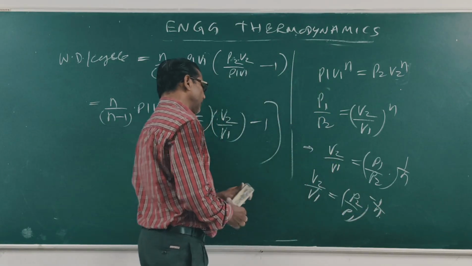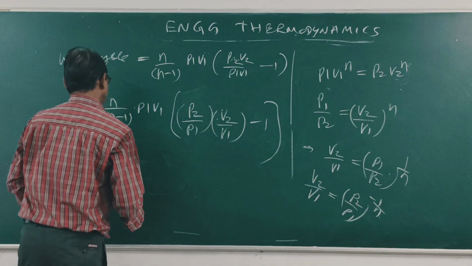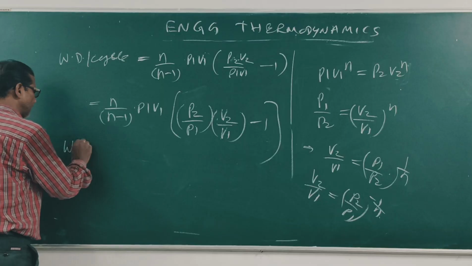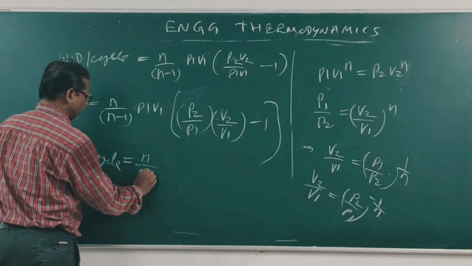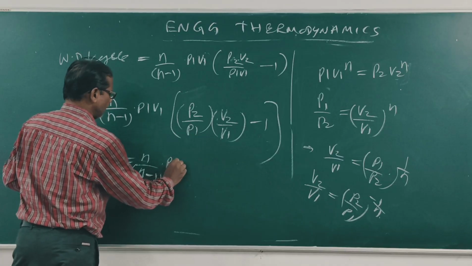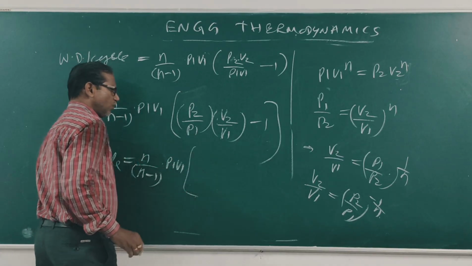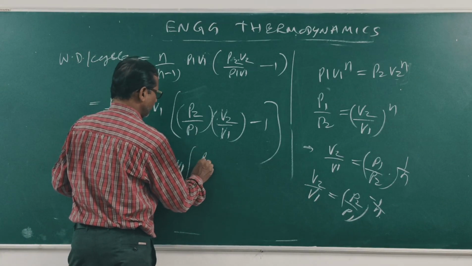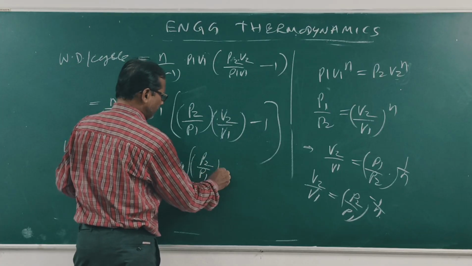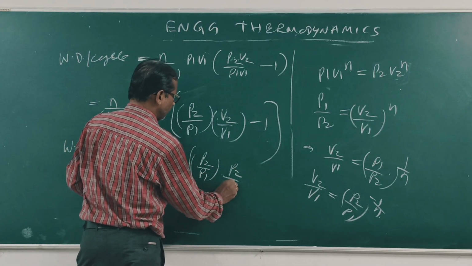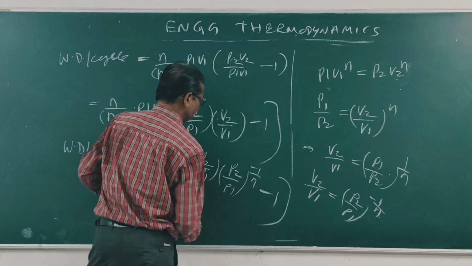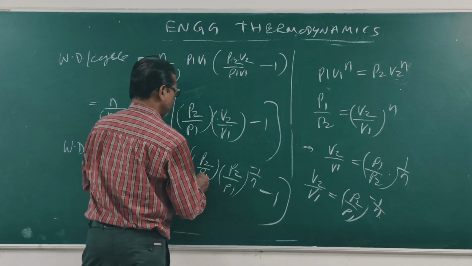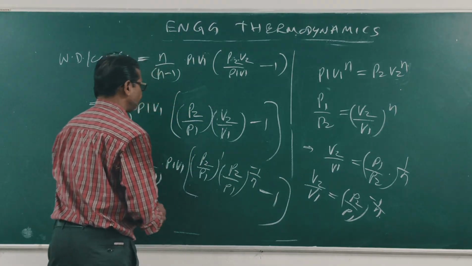Put this value here. Now, work done per cycle is equal to n by n minus 1 into P1 V1 into P2 by P1 into V2 by V1, which means P2 by P1 to the power of minus 1 by n, minus 1. This is power 1. Clear?